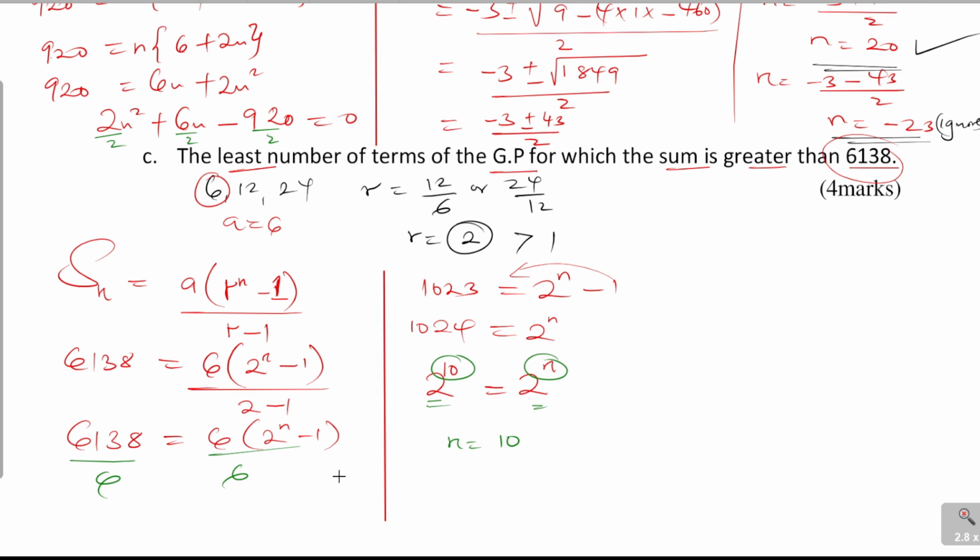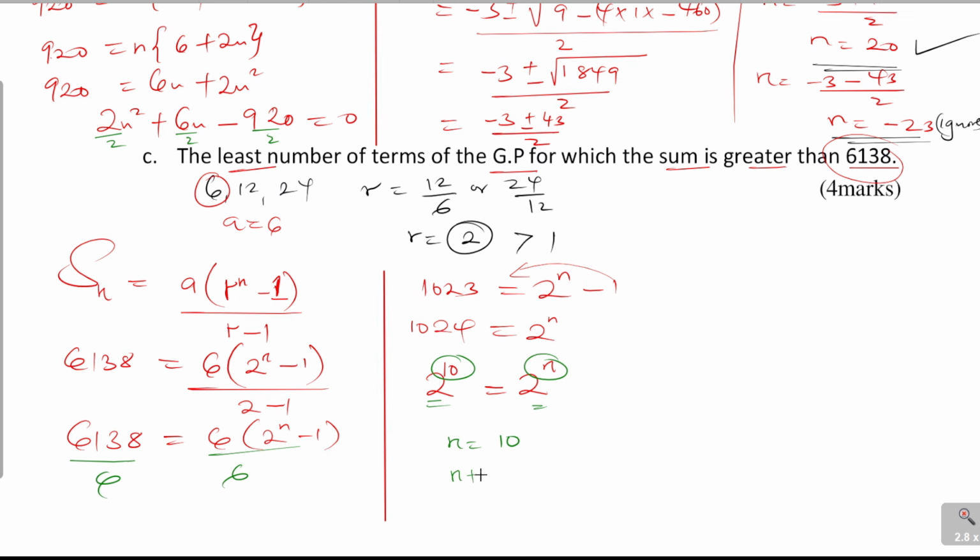But that is not the question. We want the least number of terms of the GP that will give the sum that is greater than 6138. Because we have already obtained the number of terms that will give us the sum of exactly 6138, that means if we get the sum of 11 terms, we just add 1.